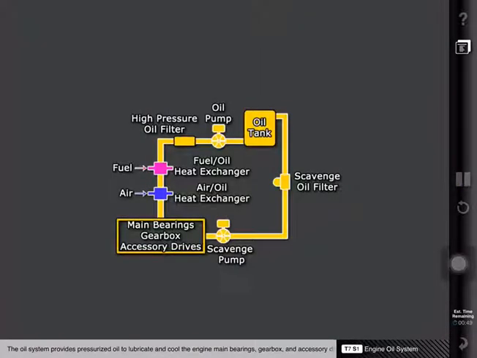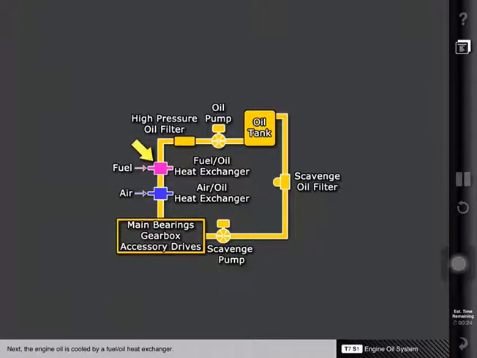The oil system provides pressurized oil to lubricate and cool the engine main bearings, gearbox, and accessory drives. The oil system also provides automatic fuel heating for fuel system icing protection. Oil is pressurized by an engine-driven oil pump. From the pump, the oil flows through the oil filter.